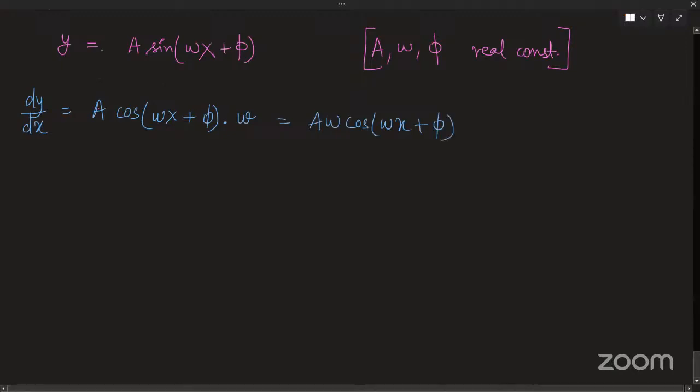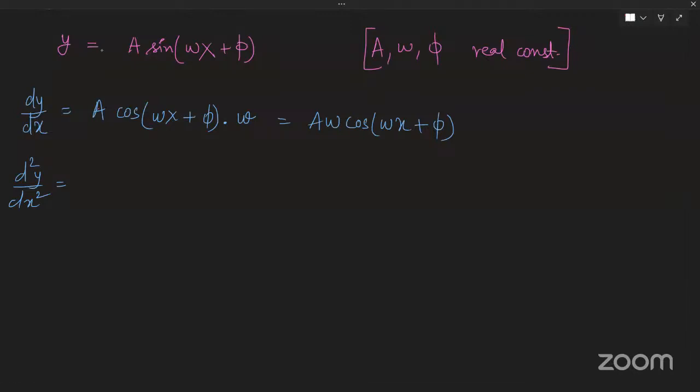Can you tell me what will be the value of the second derivative? So a omega comes out as constant. Now you need to differentiate cos of omega x plus phi.